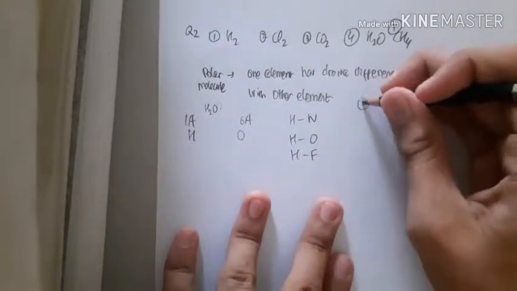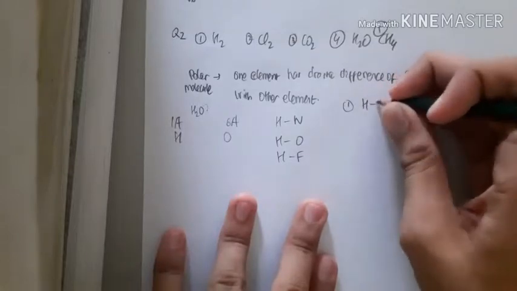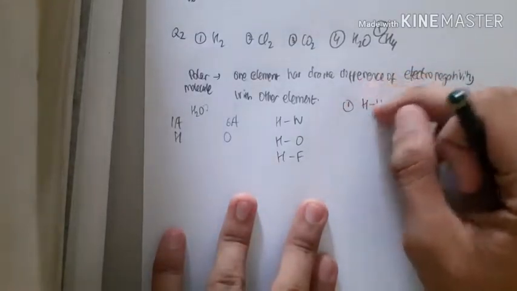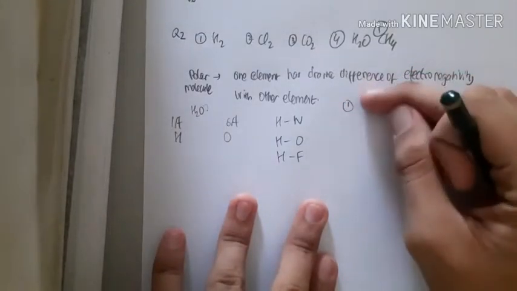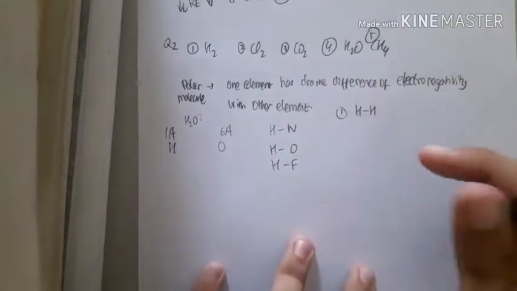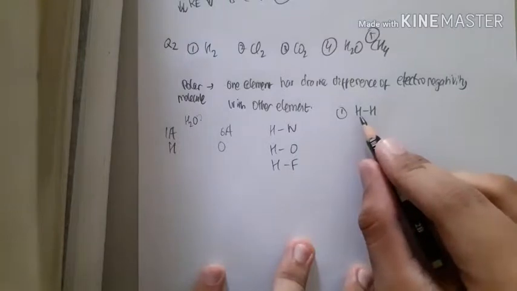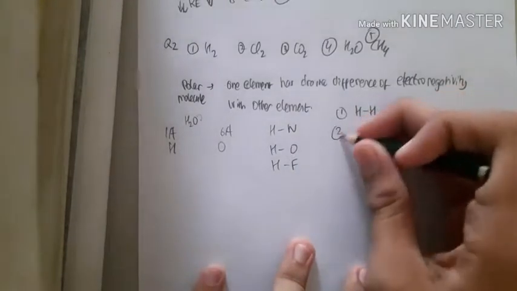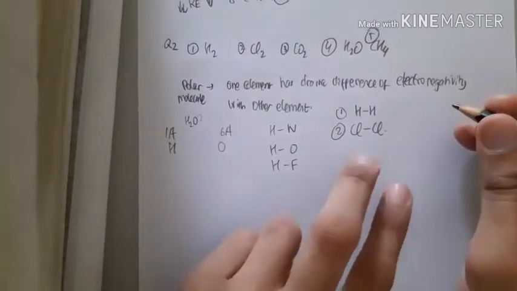If you look at option 1, that is H2, this is a diatomic molecule. This is not polar, this is actually non-polar, right? Because there is no difference between the electronegativity of H and H. Same as it is with chlorine.